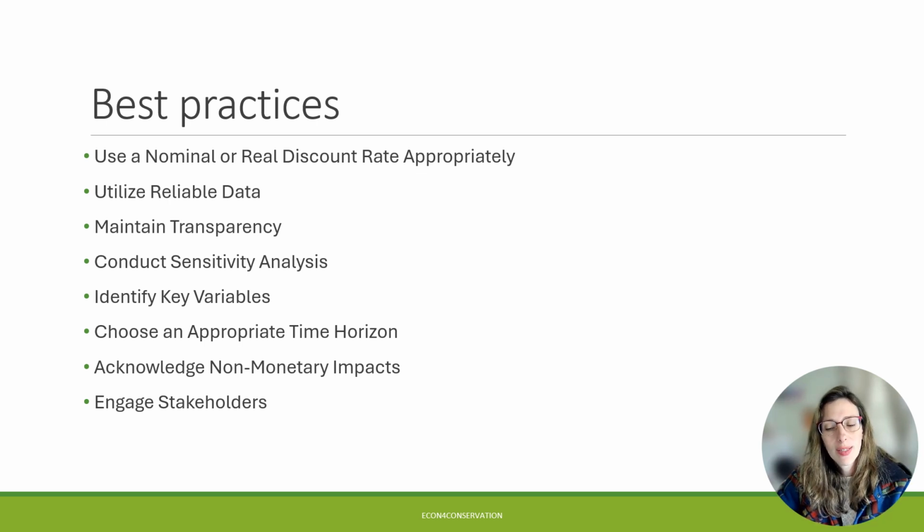Choose an appropriate time horizon. This is tricky. You should select a time horizon that reflects the project's life cycle, but at the same time, you don't want to choose a very long term horizon due to the complexity of predicting variables such as inflation.